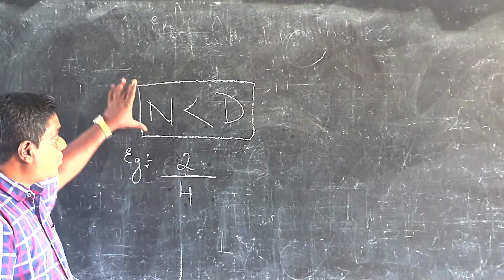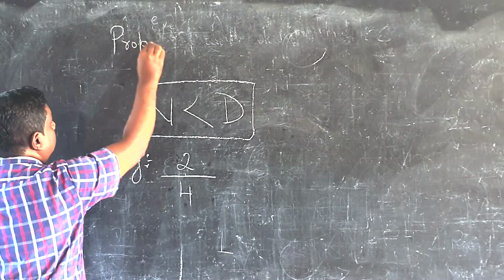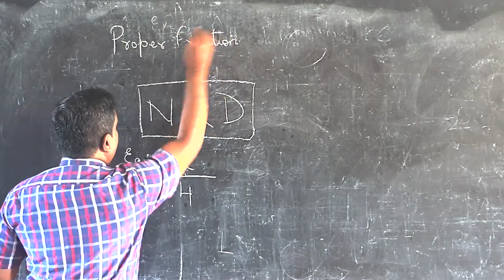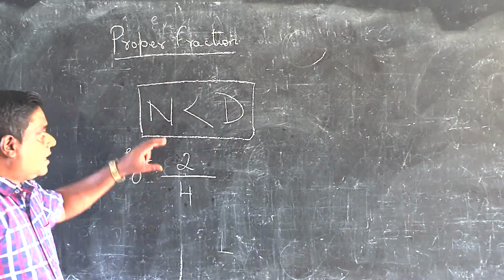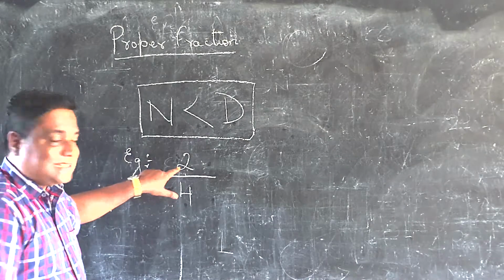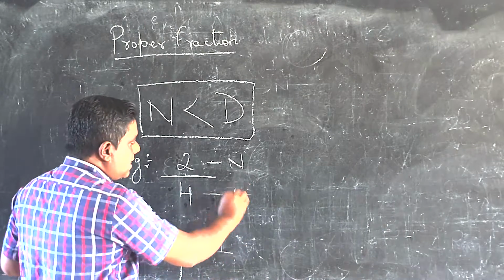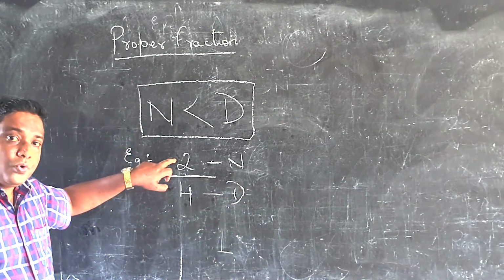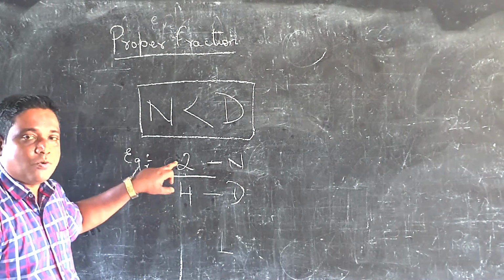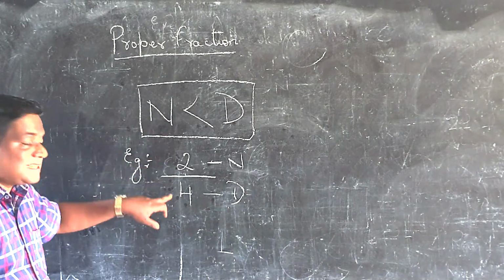So what does the rule say for the proper fraction? The numerator should be less than the denominator.